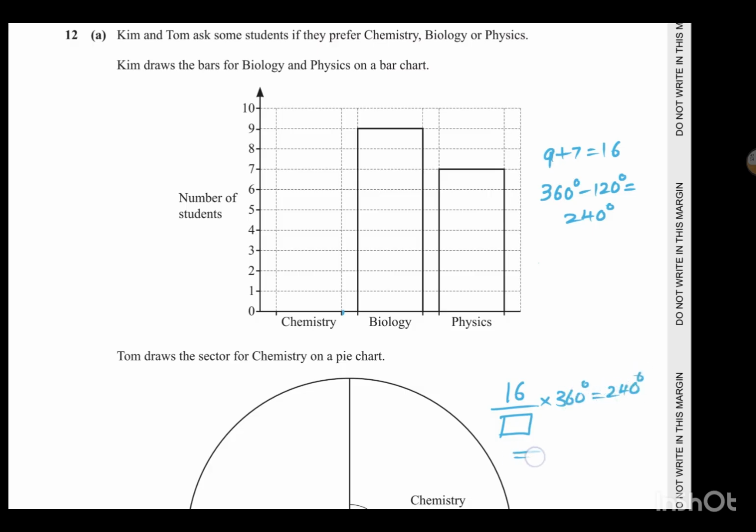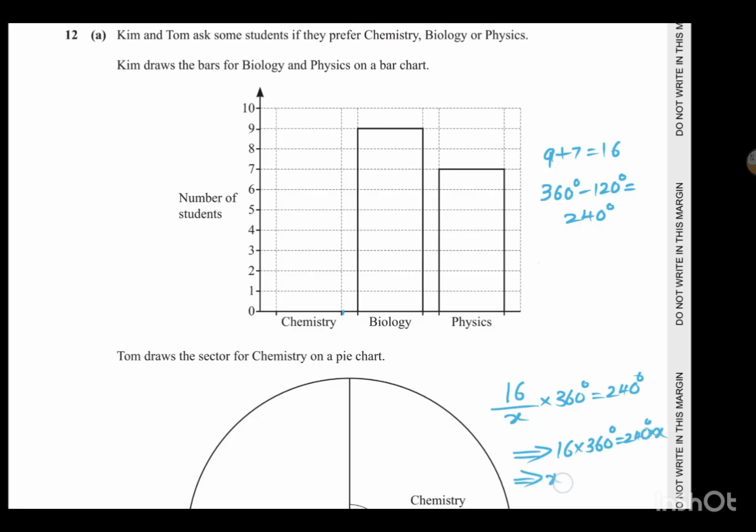Now let me take the empty box as x, the total number of students as x. So 16 into 360, x if I take to the right hand side, I will get 240 into x. So 16 into 360 is equal to 240 into x.